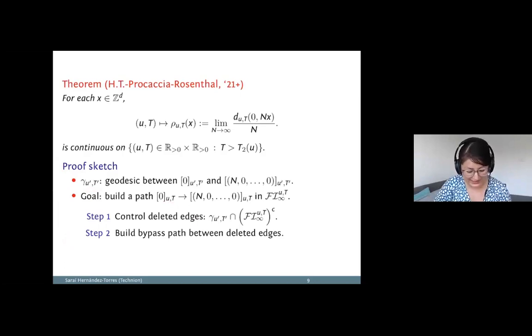So step 1 is to control the number of these deleted edges. So we want to control what is this intersection: what doesn't appear on my finitary random interlacement when I change my parameters U and T. And the second step is building these bypass paths between the deleted edges. Very, very similar idea.